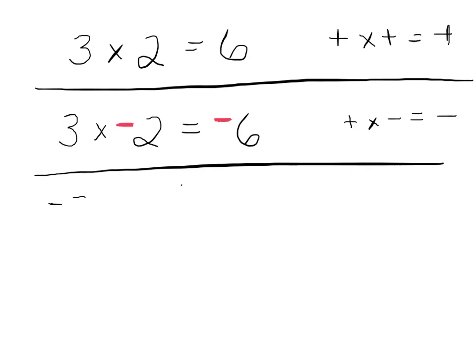So third case, negative 3 times a positive 2. Well, once again, I can say 3 times 2 is going to equal 6. But because it's saying the opposite of 3, this is going to end up being negative as well. Which tells us then a negative times a positive is equal to a negative.